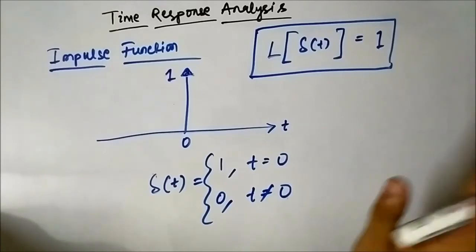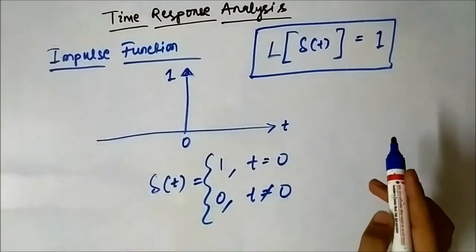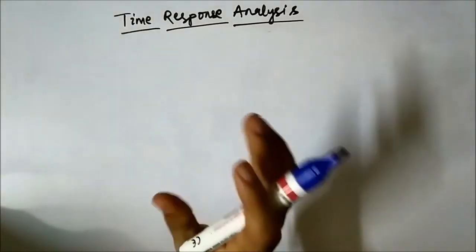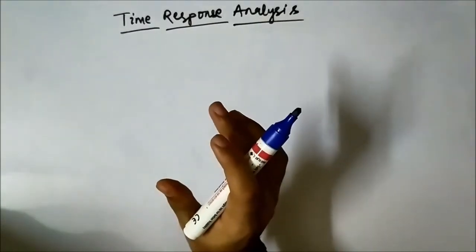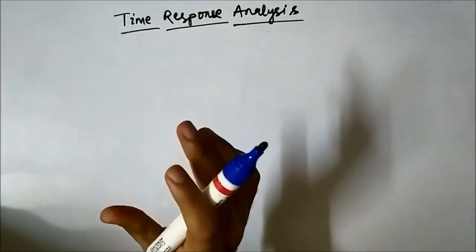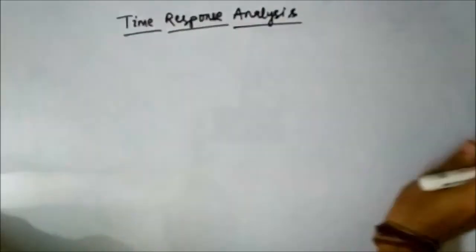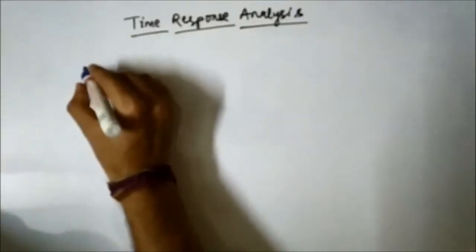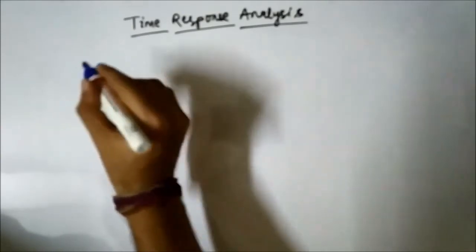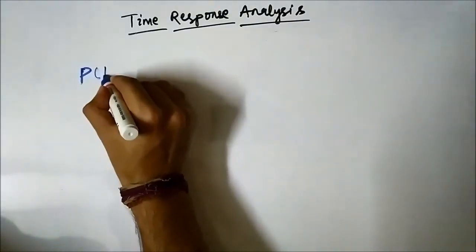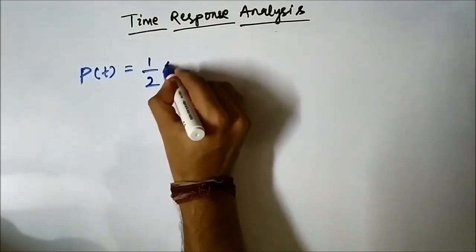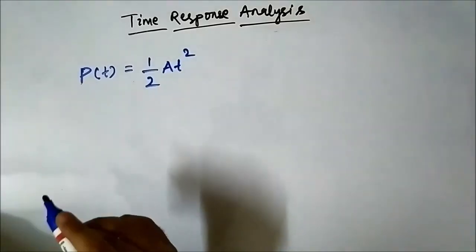So here we have discussed the basic signal functions which are used in the analysis of systems. Another important and interesting concept associated with the signal functions is the interrelationship between the various signal functions. Now, the parabolic function is represented as p(t) is equal to 1/2 a t square.